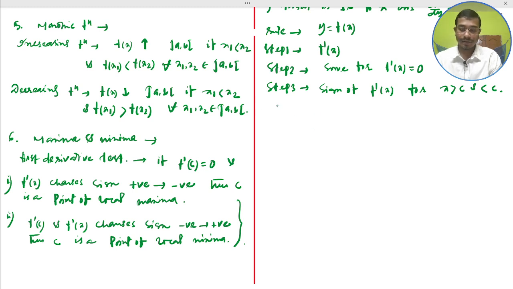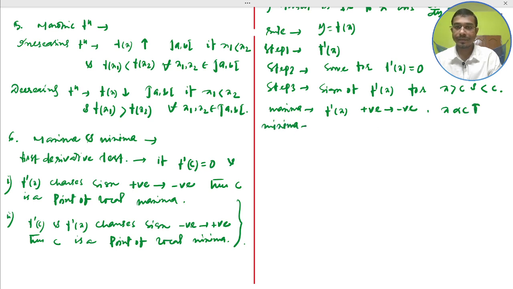Then for the minima, if f dash x changes sign from negative to positive, the reverse, as x increases through c, then x equal to c is a point of minima. This is the definition.